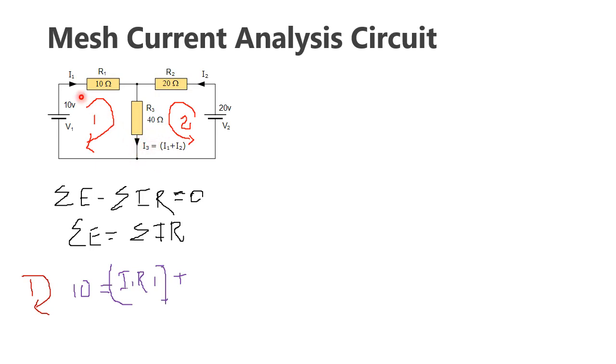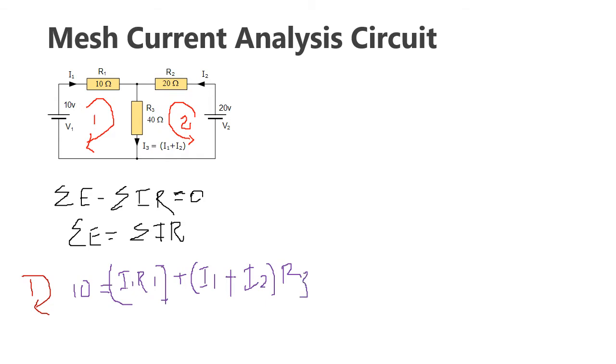I am only using I1 and I2, not I3 here. Since we have a relationship for I3 with respect to I1 and I2, I can directly apply I1 plus I2 into the resistance value R3.